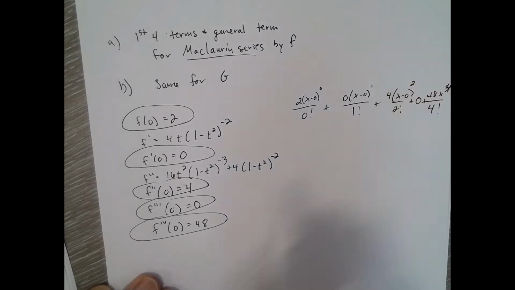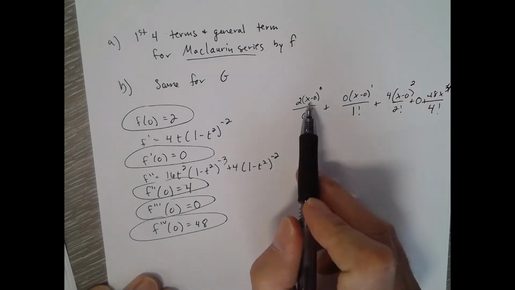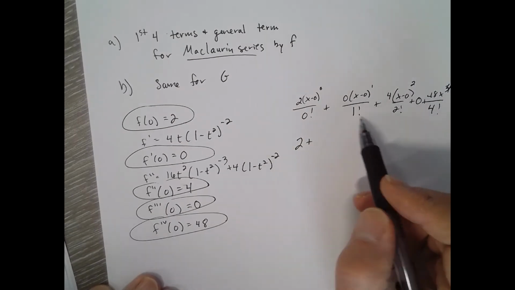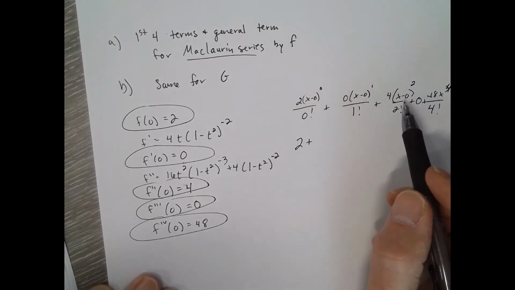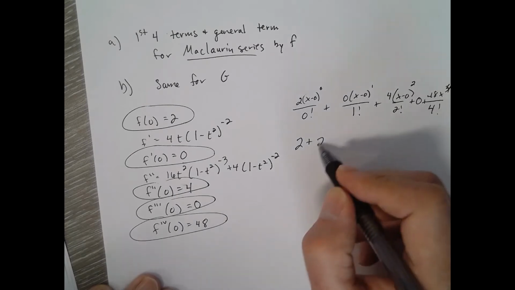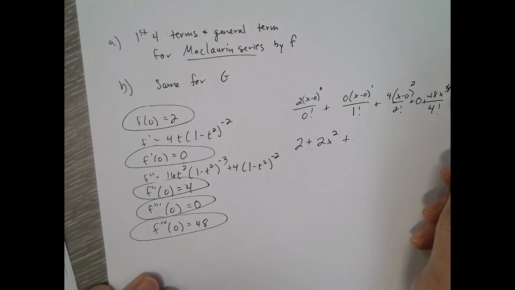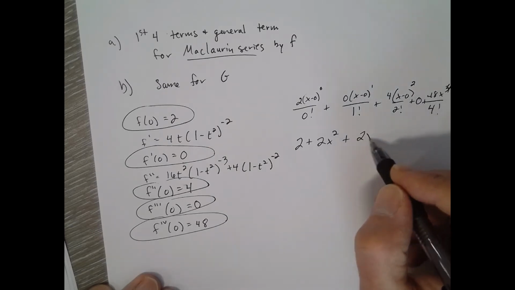So I have 2 plus 0 plus, let's see, 4x squared over 2, so 2x squared, plus 4 factorial is 4 times 3 times 2 times 1, so that's 24, so it would be 2x to the fourth.